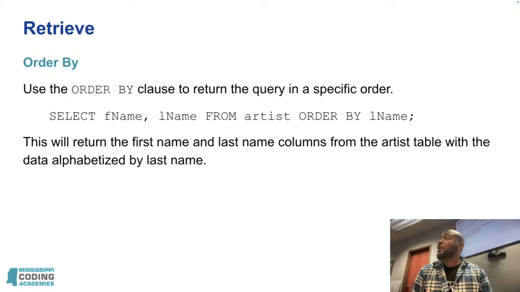But let's say we want to alphabetize the artists. So here we use the order by clause. We're saying, select these fields from this table, order it by this particular field. And this will alphabetize it in, was it descending? That's the default, descending order.